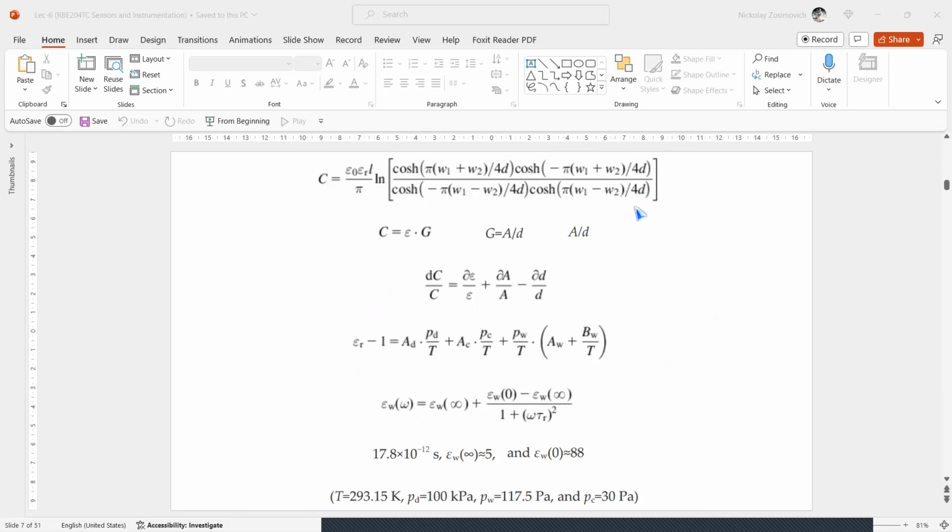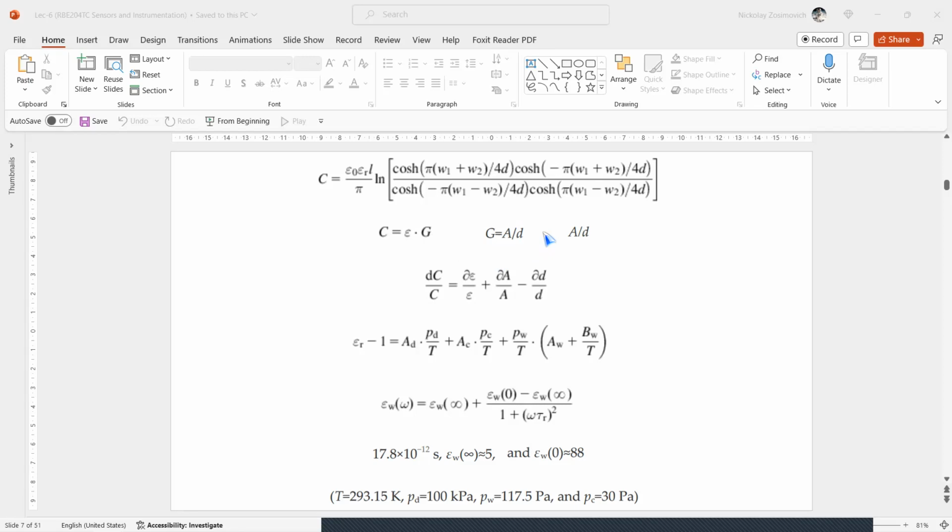Anyhow, for a homogeneous dielectric, the capacitance can always be written in a simpler form, as you can see here, where G is a geometric factor. For the parallel plate capacitor with plate distance d and infinite plate dimensions, G may be expressed as A over d.